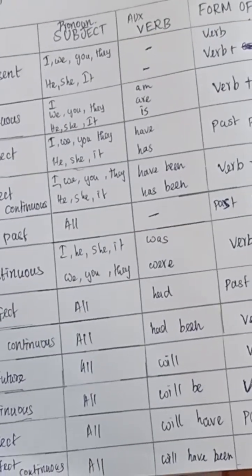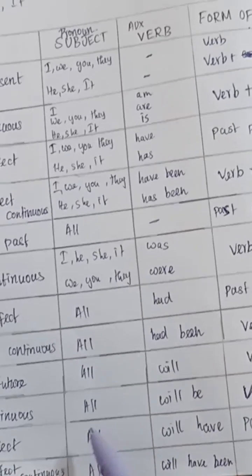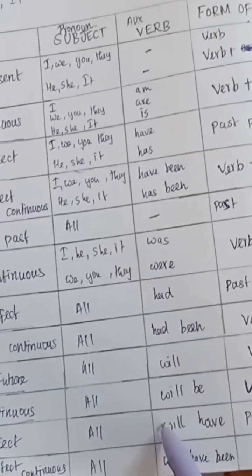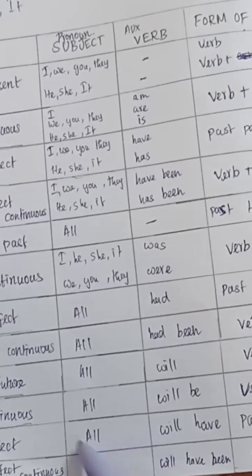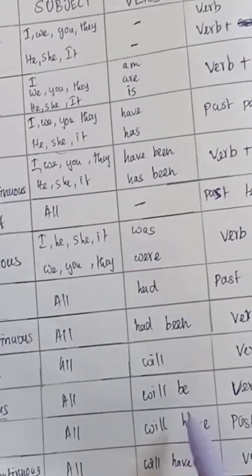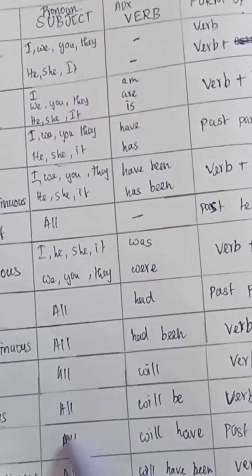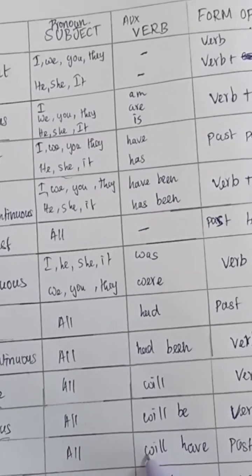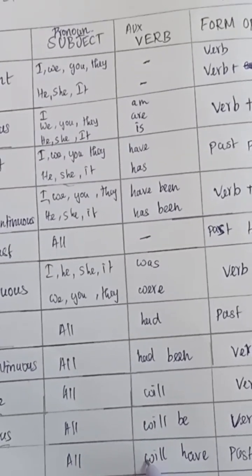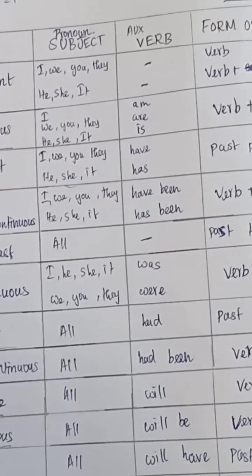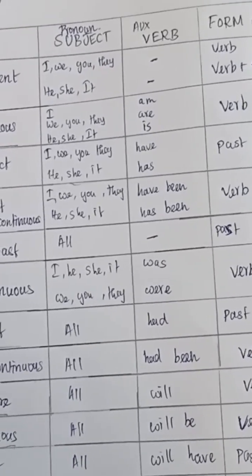And next is future perfect, which is also for all the forms of pronoun. And I, and the auxiliary verb is will have. Okay, because it is a perfect tense.